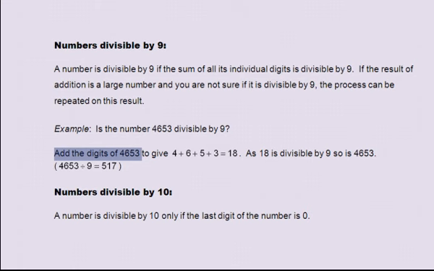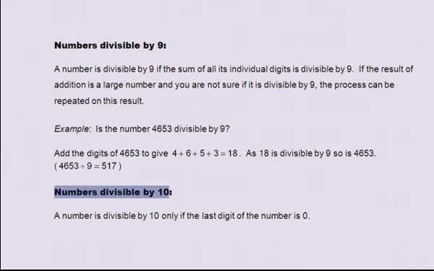Add the digits of 4,653 to give 4 plus 6 plus 5 plus 3 equals 18. As 18 is divisible by 9, so is 4,653. 4,653 divided by 9 equals 517.